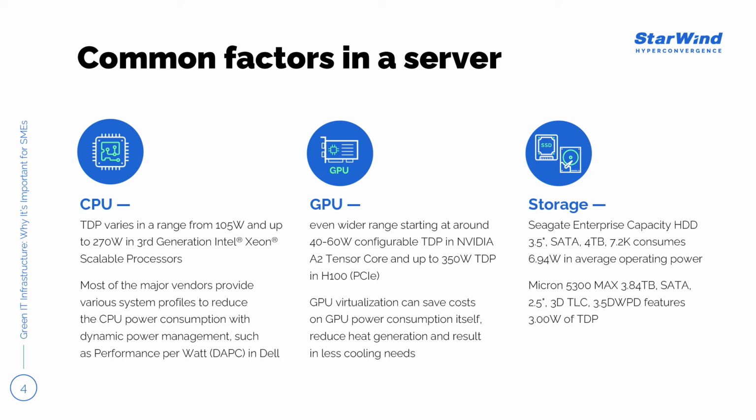Now, just as CPUs, GPUs also have a lot of mechanisms, basically different modes, to make them more power efficient during idle times. But another important thing that can actually help us reduce the power consumption is virtualization. Traditionally, in the world of virtualization and a hypervisor, for example, you usually pass through a GPU to a dedicated virtual machine.